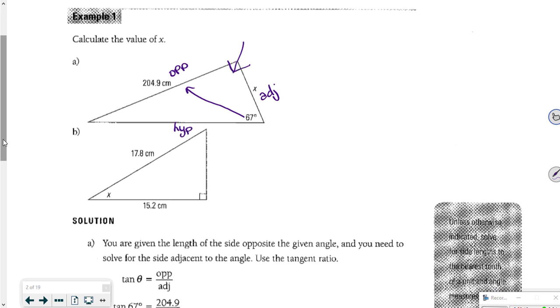Once you've labeled your sides, you need to pick a trig function that has the two sides you know something about. Picking a function that has the hypotenuse doesn't help me, since I don't know anything about the hypotenuse and I'm not trying to solve for it. I need a trig function that has the opposite and the adjacent, and that's going to be the tan formula. So tan of our angle equals opposite over adjacent.